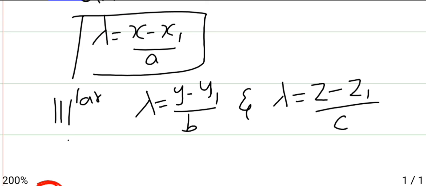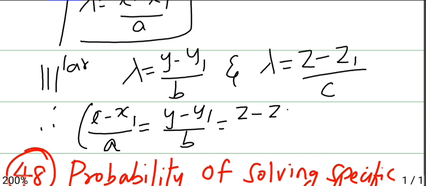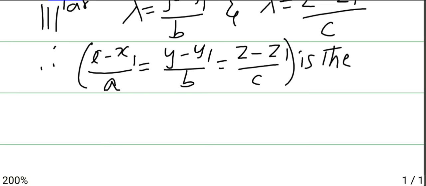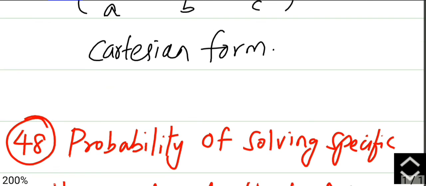Therefore, x minus x1 divided by a is equal to y minus y1 divided by b equals z minus z1 divided by c is the Cartesian form of the equation.